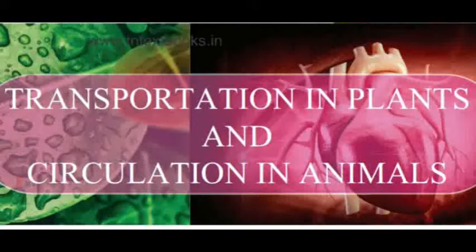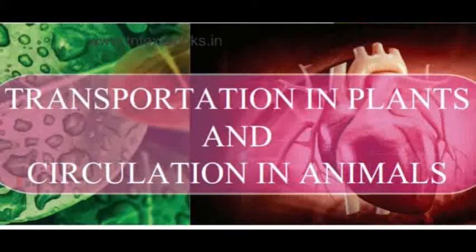However, in some animals, the oxygenated blood and deoxygenated blood are mixed together and run through the heart only once. That is known as single circulation. Example, fish, amphibians and certain reptiles. This is what we have seen in the previous video class.